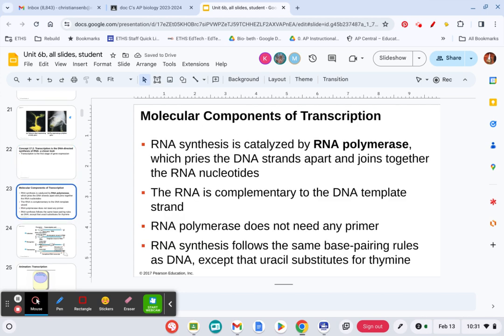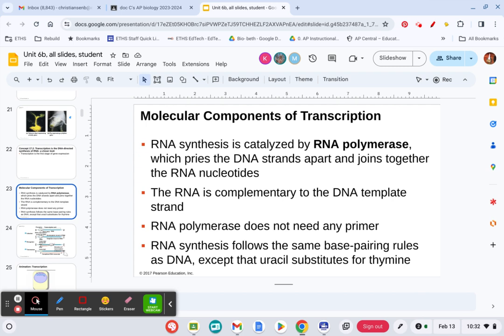So RNA polymerase is going to start this whole process because we're not making DNA now, so we don't need an RNA primer. We're actually trying to make RNA. Okay, so we're going to use this RNA polymerase. And Grace, what you said about helicase is right, but RNA polymerase actually can do double duty. It can do other things.